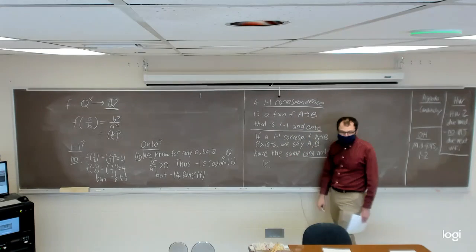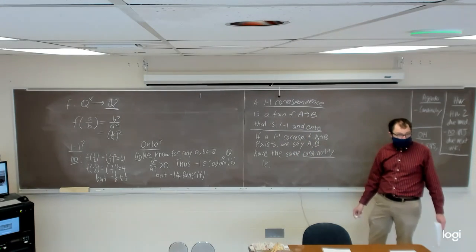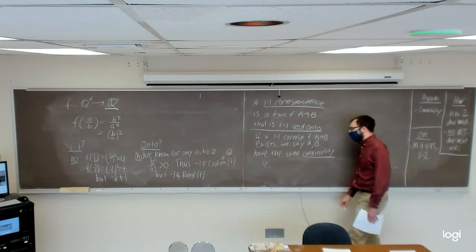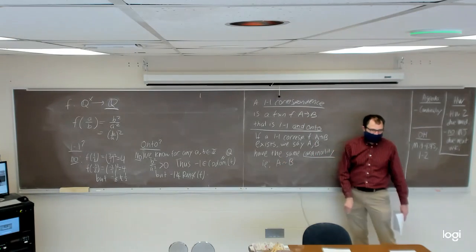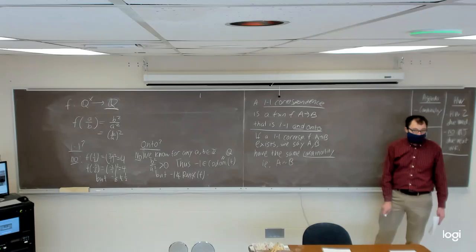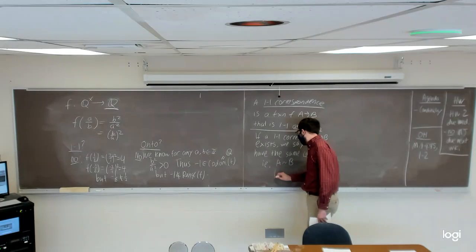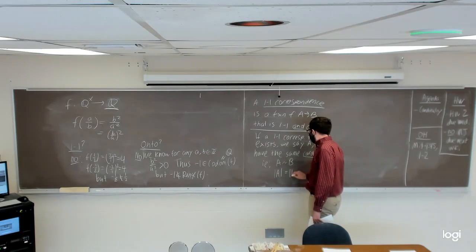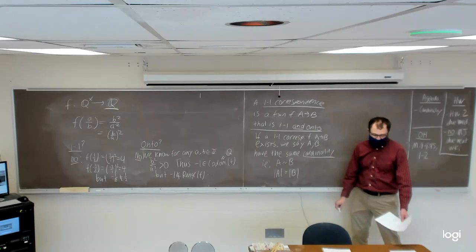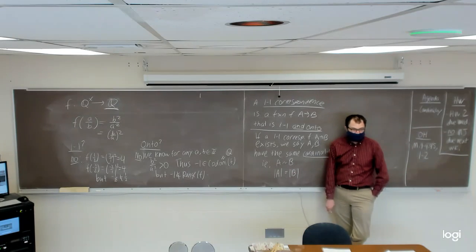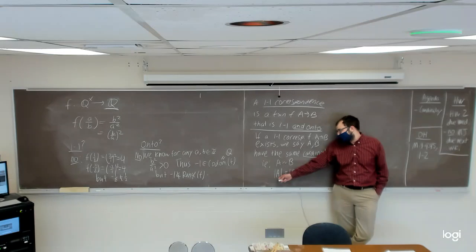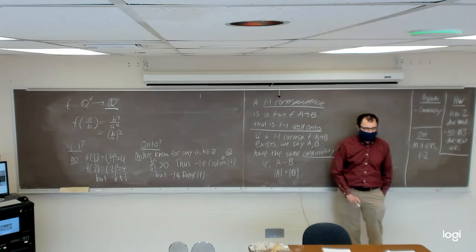In that case, the notation the book uses to say that two sets have the same cardinality is A tilde B. The notation that I kind of prefer to use is putting these vertical bars on either side of our sets to say that the cardinality of A equals the cardinality of B.